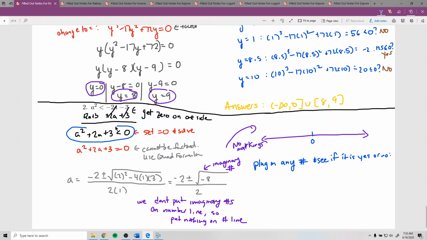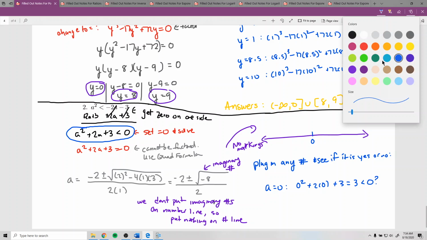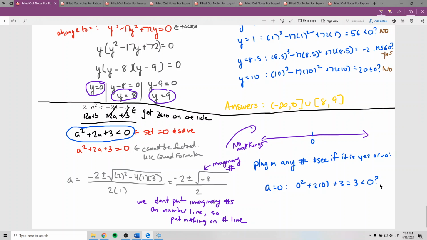I'm going to plug it into where my inequality was, set to 0 on one side. And we get 0 squared plus 2 times 0 plus 3, which simplifies to 3. And is that less than 0? And that is not. 3 is not less than 0.